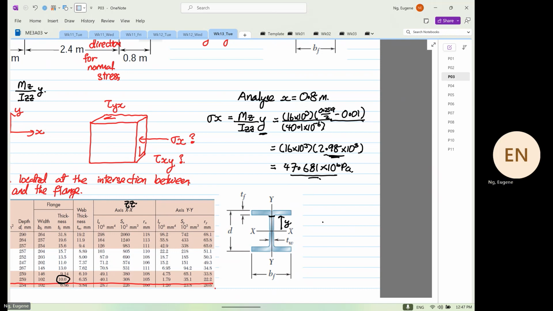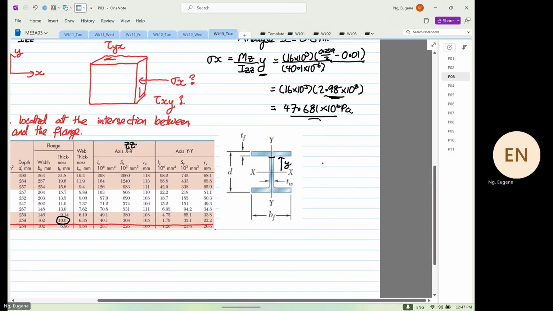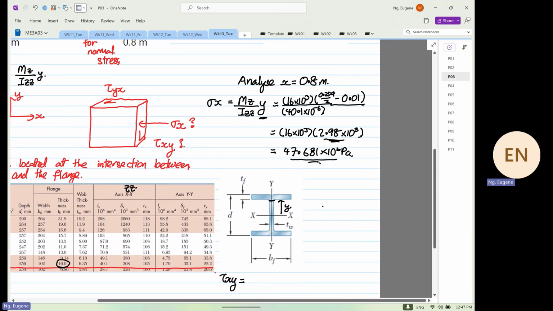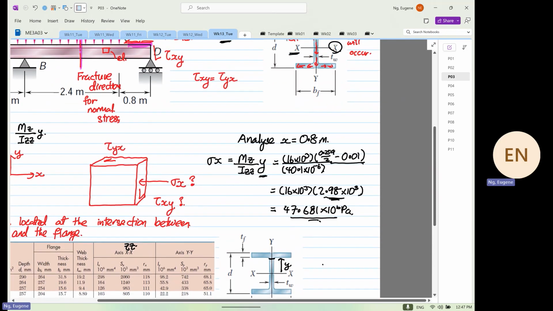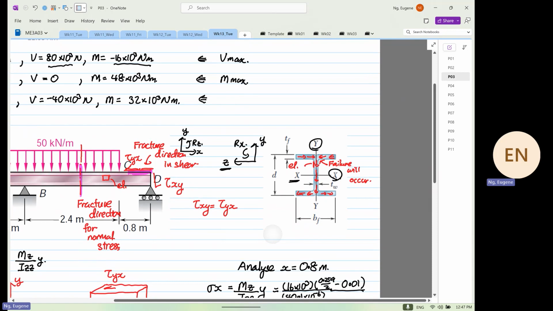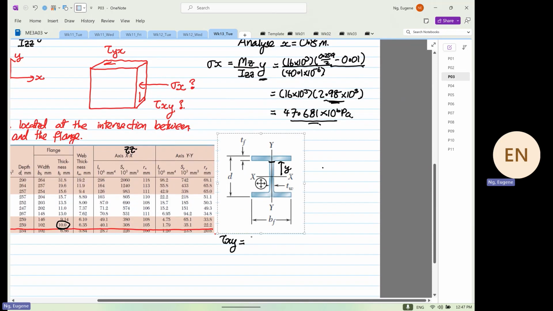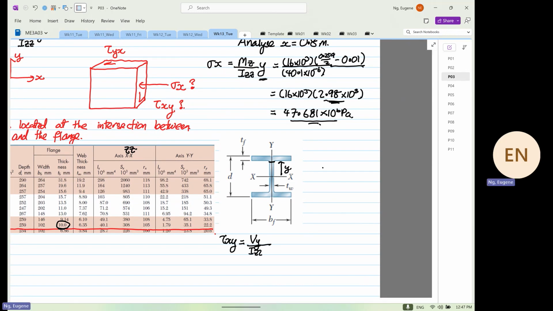Okay. So next we calculate the shear. So the shear XY is equal to what? It's equal to the shear force, V, which is equal to 80 times 10 to the power 3. So we know that is Vy over Izz, Qz divided by t. Again, is this the position we want?